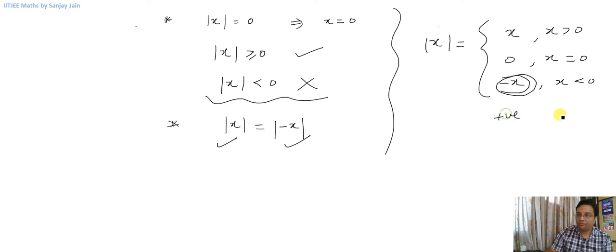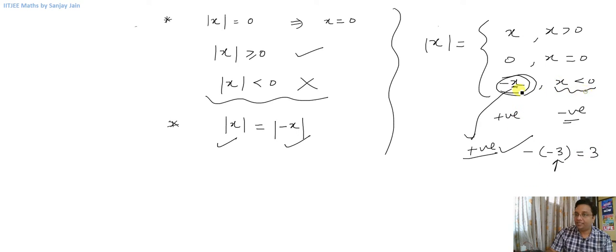Is this a positive number or a negative number? This is a positive number, because x itself is negative. So negative of something which is already negative will give me positive.